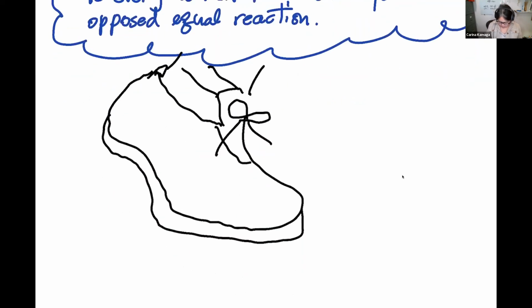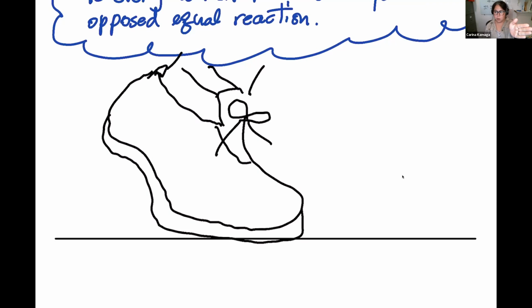If you want to go forward, your foot exerts a force on the ground in a backward direction.